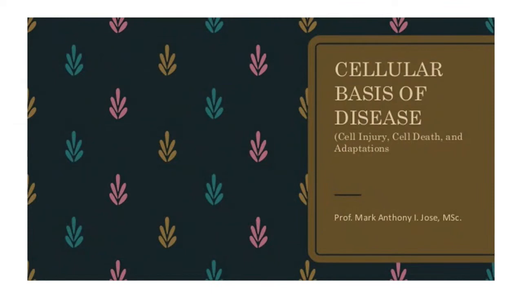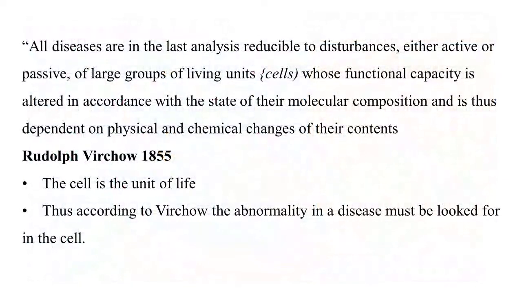So the cellular basis of disease: how a cell is the base of almost all conditions or diseases that we talk about. All diseases are, in the last analysis, reducible to disturbance, either active or passive, of large groups of living units, which are cells, whose functional capacity is altered in accordance with the state of their molecular composition and is thus dependent on physical and chemical changes of their content.